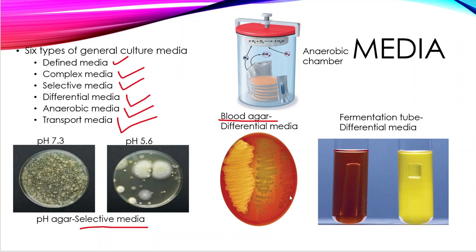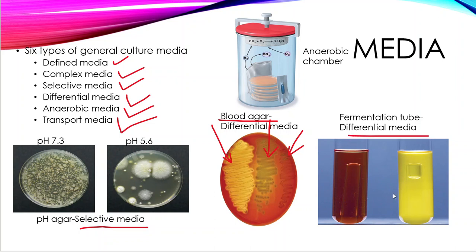They've streaked 3 different bacteria on there. That one did nothing. That one totally did away with those red cells, completely metabolized them. This guy is somewhere in between. See that greenish haze? He partially digested those red cells.